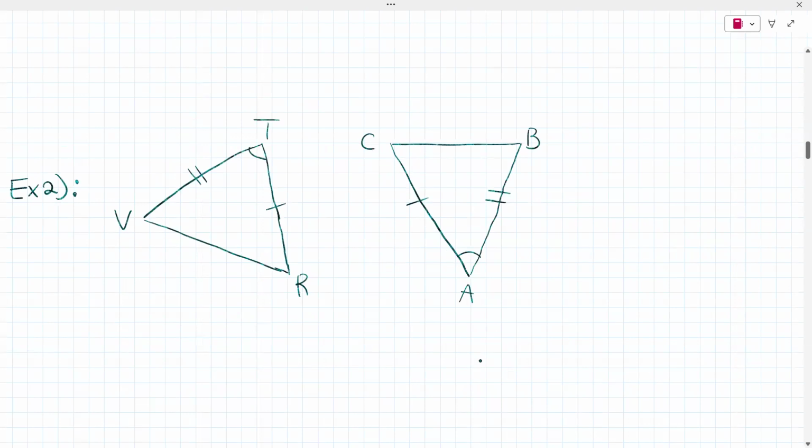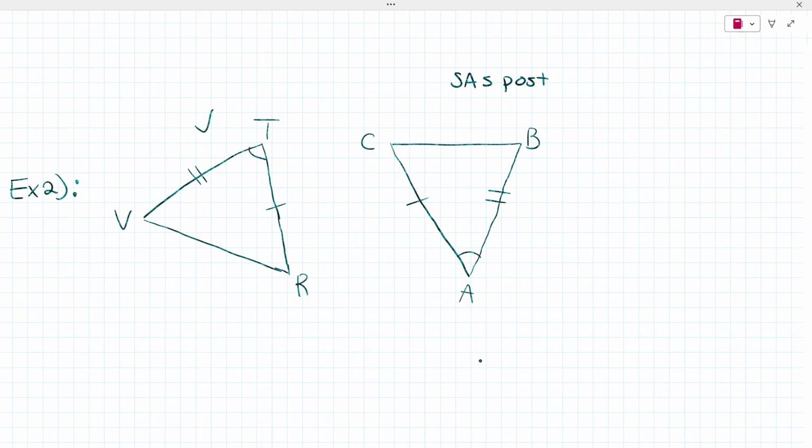Okay, example two. Here we have two triangles. Are they congruent by the SAS postulate? Here's a side, an angle, a side. That would work, because the angle is between the two side lengths.